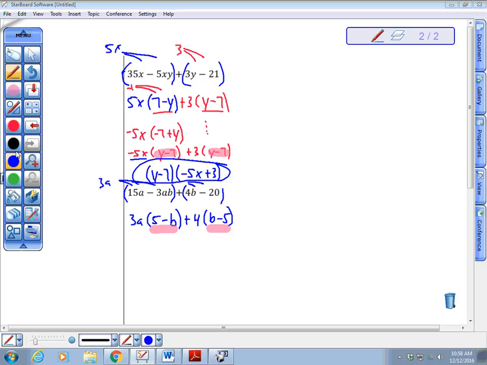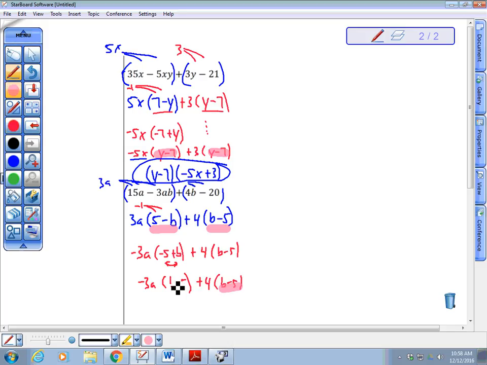You have the opposite. So we should have taken out a negative 1 out of one of them, but I got to do it now. So that's going to give me a negative 3a and a minus 5 plus b, plus 4 and a b minus 5. And then these I am just going to switch around. So negative 3a, b minus 5 plus 4 and b minus 5.